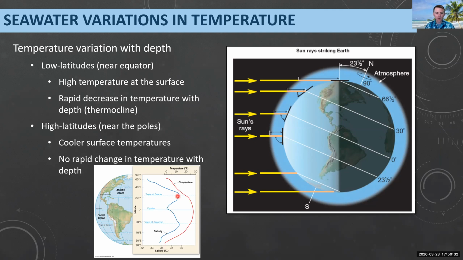And then if you get towards the Tropic of Cancer, which is kind of right where Baja California is, or down by Chile, they're still having a lot of evaporation. There's still a good deal of sunlight coming in there. But because of other climatological factors, it's dry. It doesn't get very much rain there. And so you have a net loss of ocean water going out and nothing replacing it.